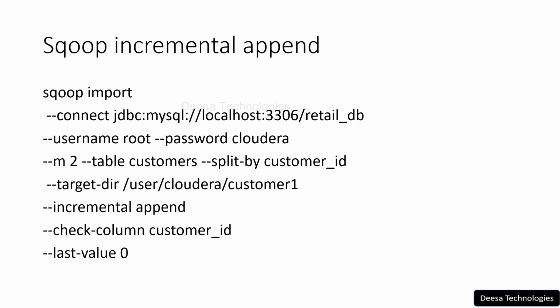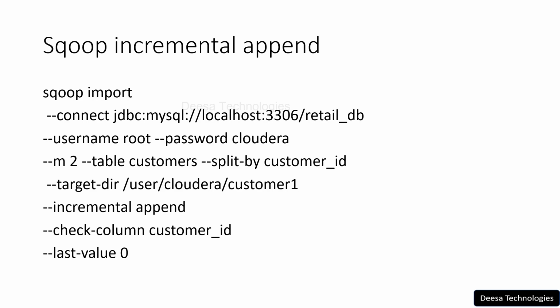Now when you want to do an incremental append, how do you know whether the records present are new or not? You need a comparison, right? You need a column for comparison. So normally a primary key column or a date column is good. In this case, we have taken the primary key column customer ID.